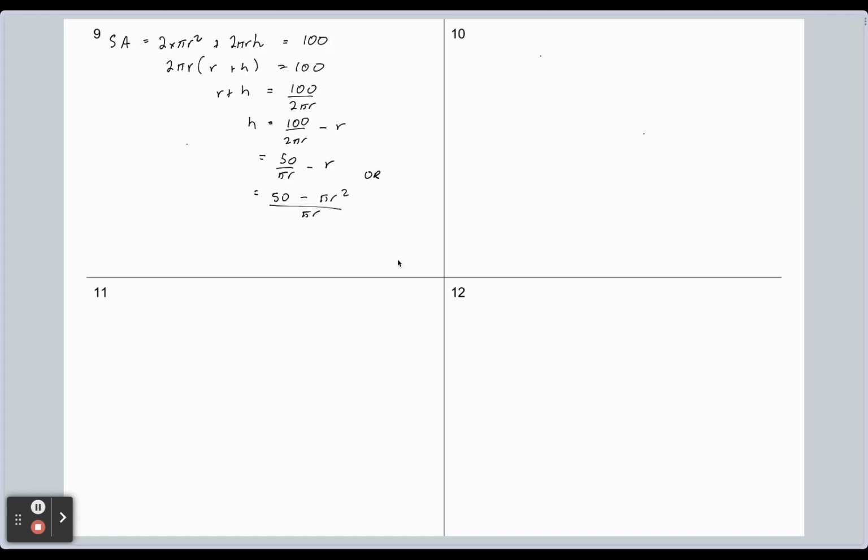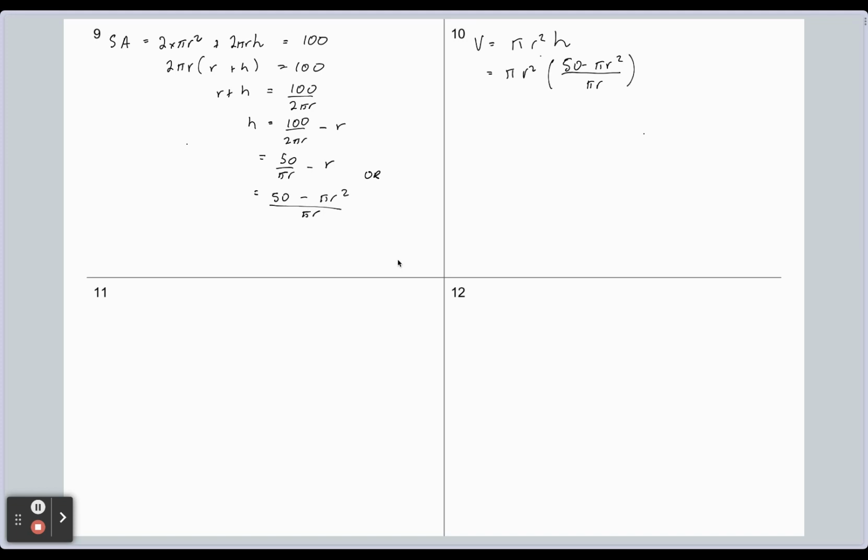We are now going to work out the volume, and we know the volume is pi r squared h. We are now going to eliminate the h out of the volume formula by replacing it with that big old expression for h we just worked out. So we've got 50 minus pi r squared over pi r.